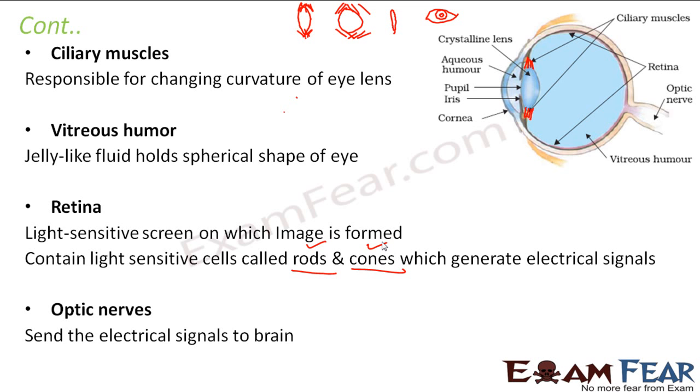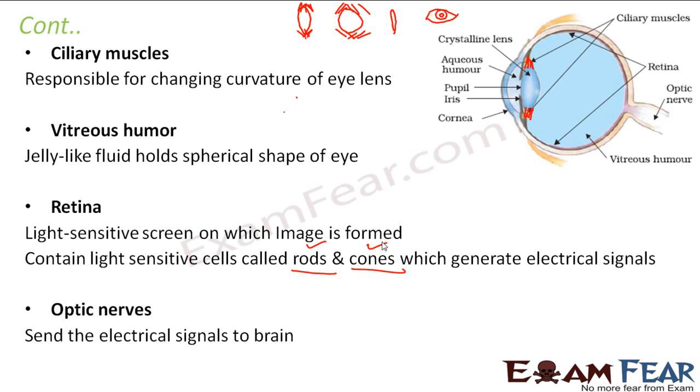Correct? So I hope you understood how an eye functions. The eye consists of the cornea, which is a thin membrane which protects the entire eye. Light will enter through this membrane. After that, it will pass through the aqueous humor, which is a fluid-like structure, and it has got some refractive index, because of which refraction will take place here.